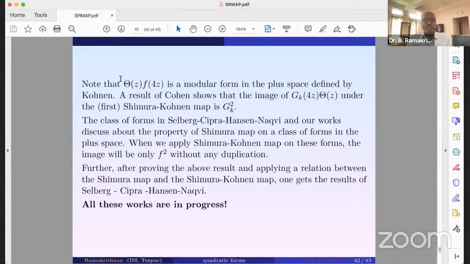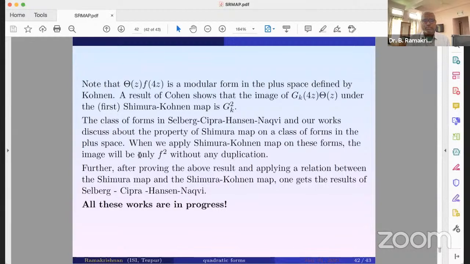Selberg applies the Shimura 1 map on this plus space form and shows that it is f squared minus f squared bar B2. But Cohen, in his earlier work, shows that if I apply the Shimura-Kohnen map S1 plus, it is exactly G_k squared. So the class of forms in Selberg, Shimura, and all these works discuss the property of the Shimura map on a class of forms in the plus space. When we apply the Shimura-Kohnen map on these forms, the image will be only f squared without any duplication.